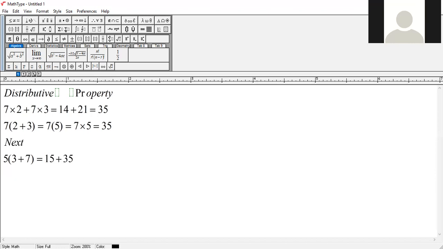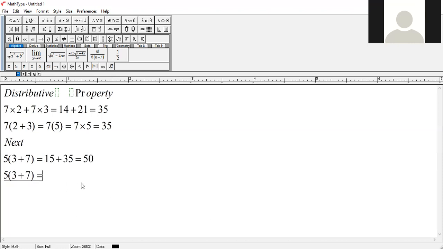So what do we get here? 50. Now, you could also say, well, you want to add the numbers inside the bracket, which is 3 and 7. When you decide first to deal with the number inside the bracket, you first add the numbers inside the bracket.